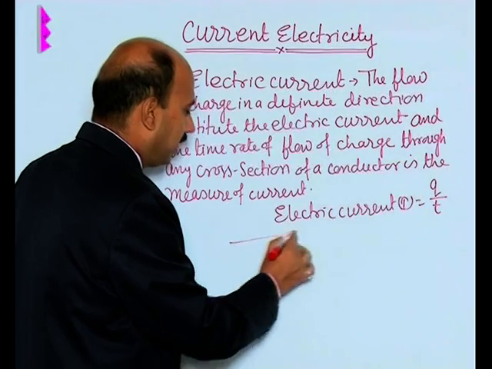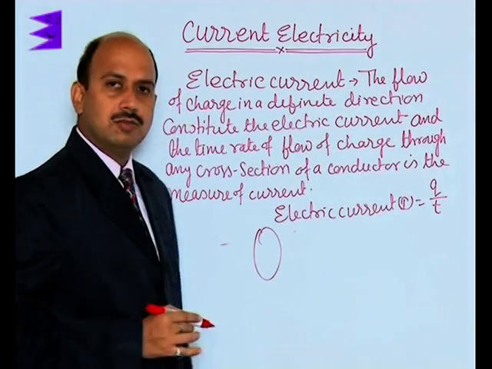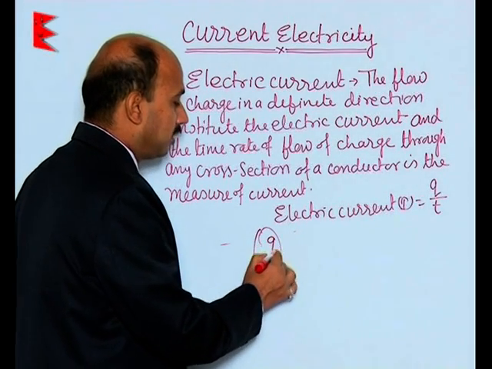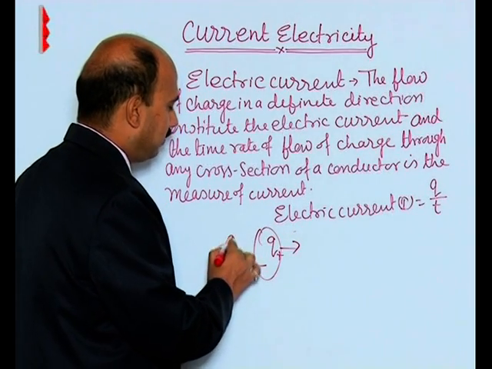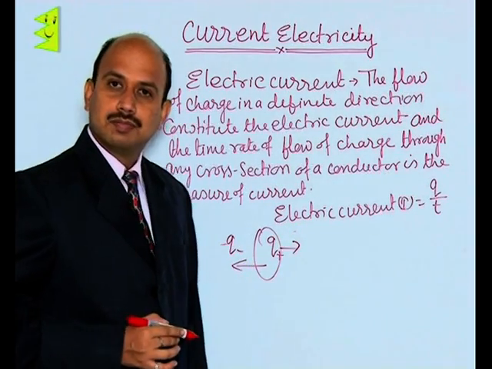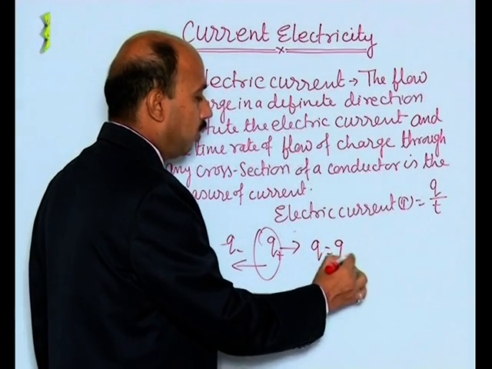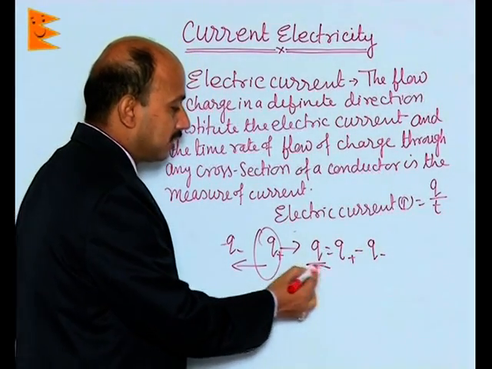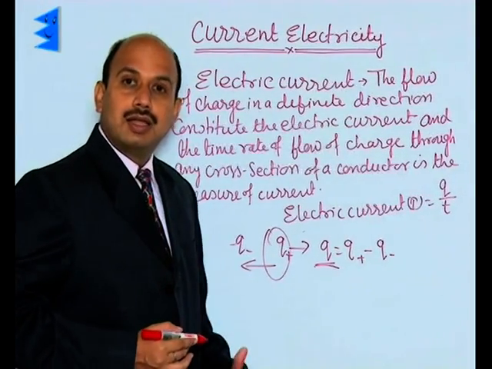Suppose you have taken any conductor like this, or any area, in this way, the cross section area of a conductor, and positive charges are flowing to this side and negative charges are flowing to this side. So the net charge we get is Q plus minus Q minus, and this net charge Q is proportional to T, provided the current is steady.